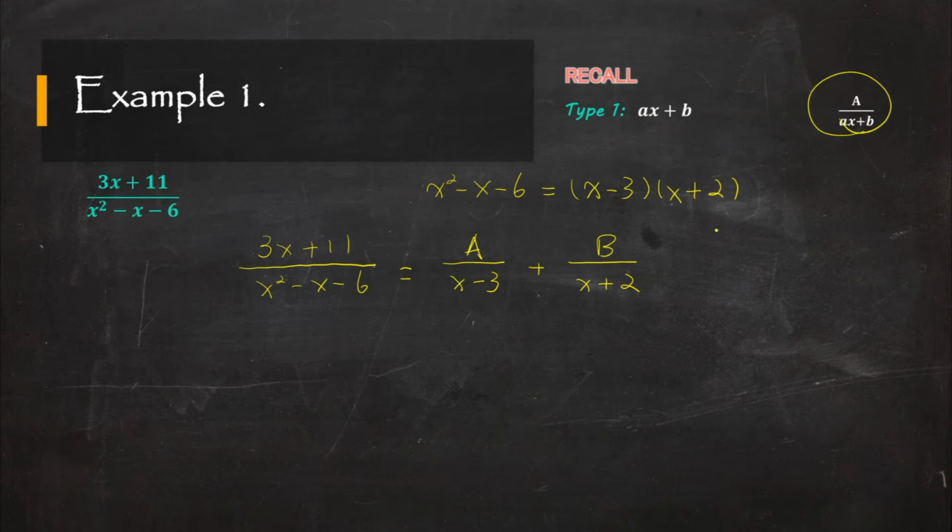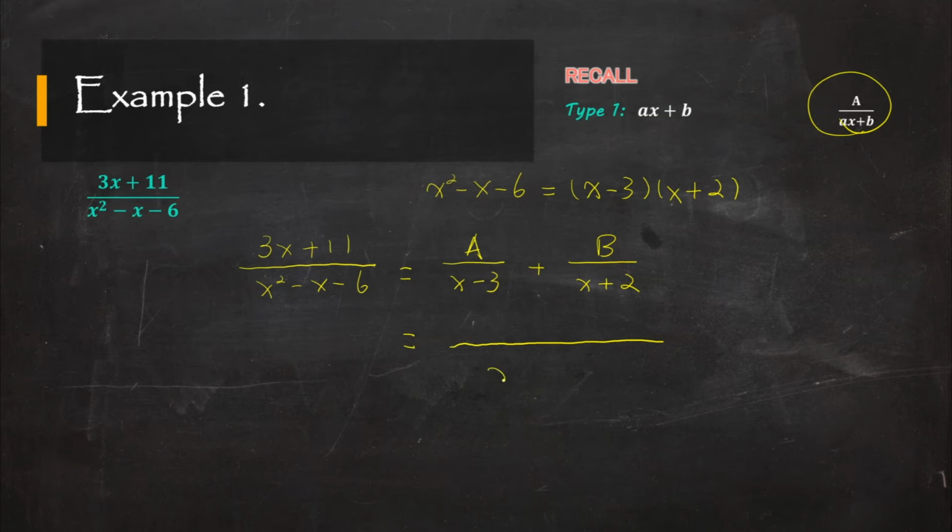So now we need to make the numerators equal, and before we do that, we have to find the common denominator, which is the original denominator here. That's pretty easy. So we don't need to change anything on the left. We just need to find the numerator on the right hand side.